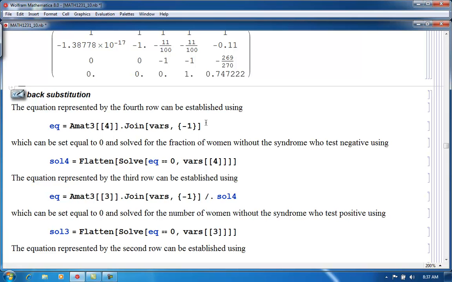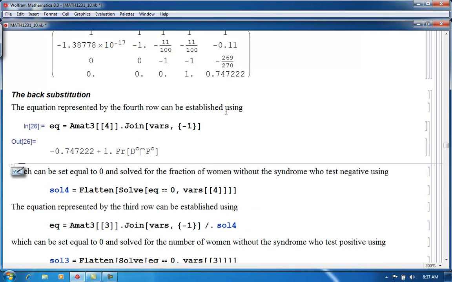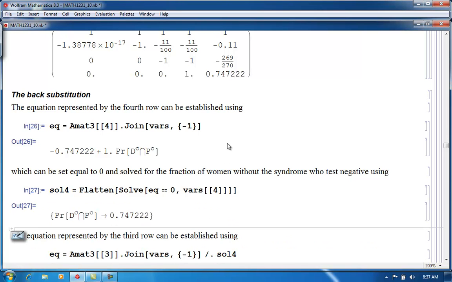So we get the equation corresponding to the last row. We get that. So that tells me that the probability of a woman not having the syndrome testing negative is equal to that, and we can set that equal to 0 and solve for the fraction of women without the syndrome who test positive, which is that. Notice that that's not 0.75, that's test negative.